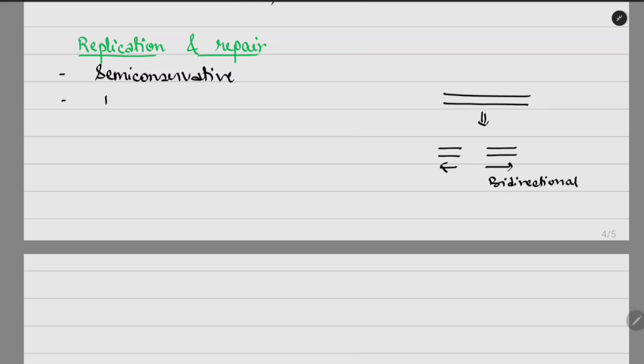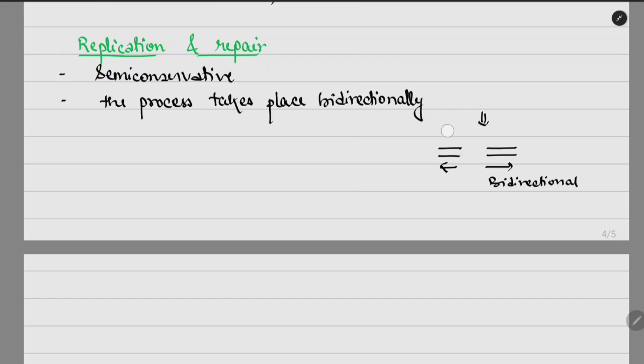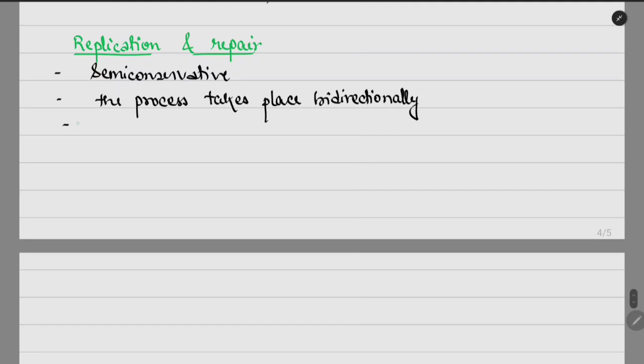So the process takes place bidirectionally. Now the synthesis generally occurs in the 5' to 3' direction.